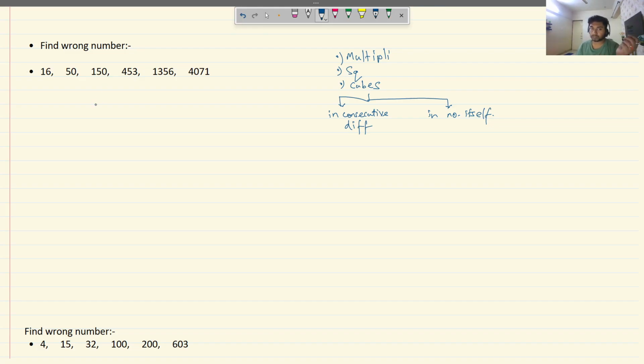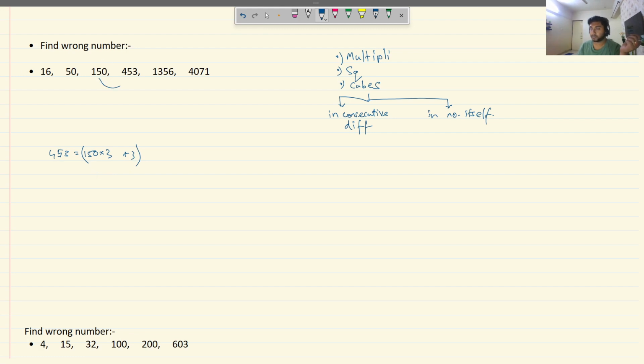So okay, 453 is equal to 150 into 3 plus 3. Fine.